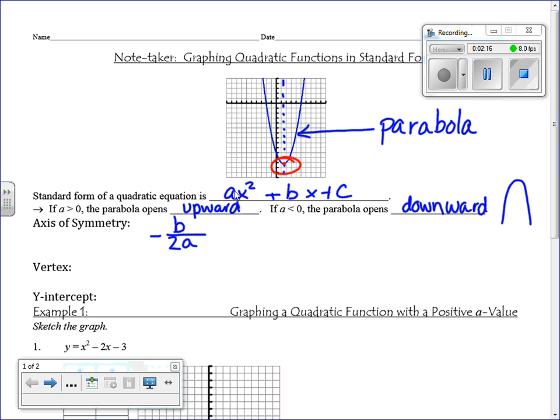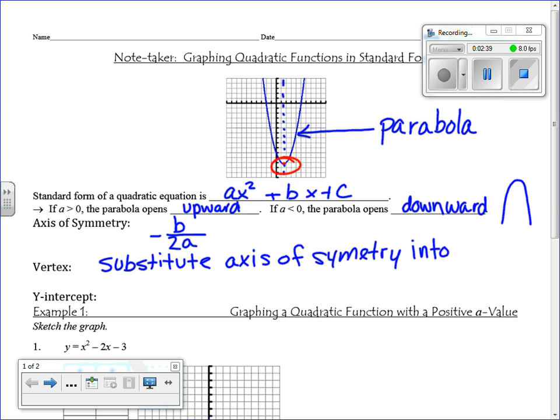In order to find the vertex, we're going to substitute our axis of symmetry into the equation. We're going to practice this, don't worry.